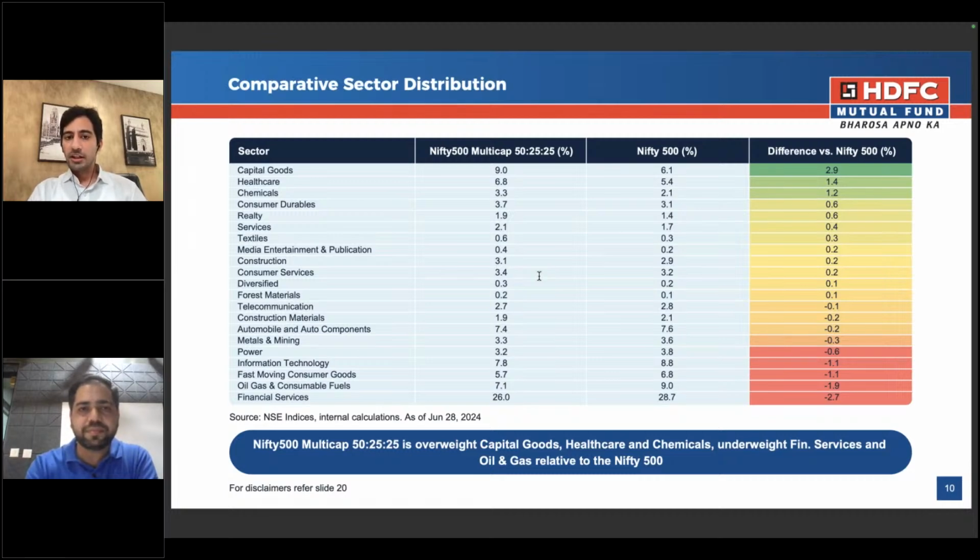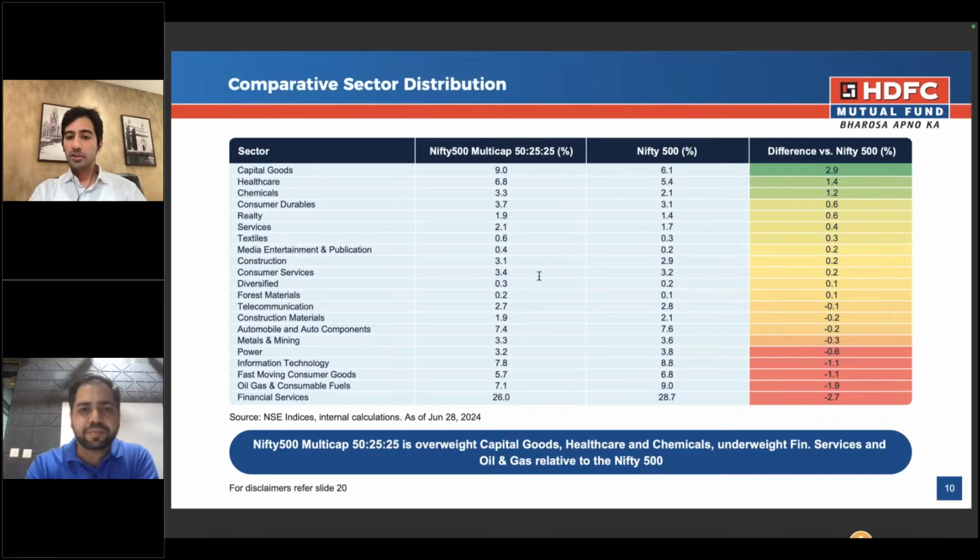So the point is that this product is freeing you from all those questions, because if you do an SIP in this over the long term, these mid, small, sector cycles will keep running. But in the long term, as long as India and the Indian economy do well, the market should also grow, hopefully in line with nominal GDP.